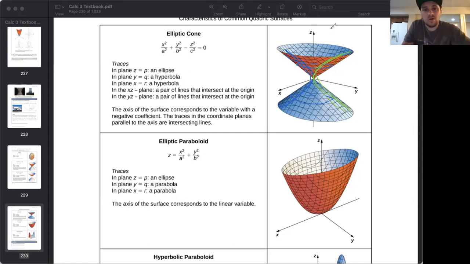Now, how you know it's an elliptic cone is you look at the XZ plane and the YZ plane itself, and you look at the trace there. There, the trace is a pair of intersecting lines. What I'm drawing in green is the YZ plane. The intersection of the YZ plane is these two lines here that intersect at the origin.